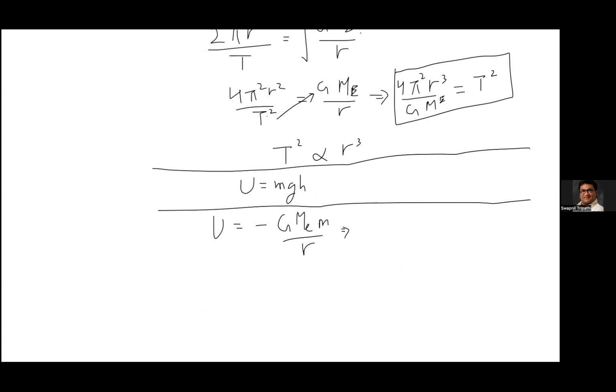And so, because anything circling around the Earth would be trapped in the Earth's gravity, it would have negative potential energy. That's an important thing to know about. So this is the formula for gravitational potential energy.